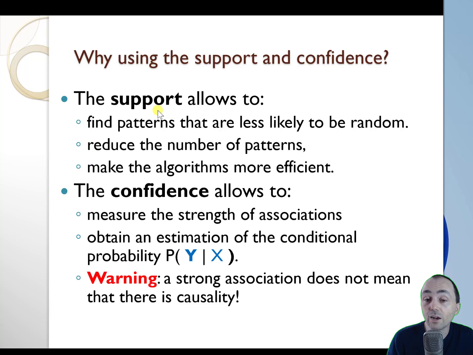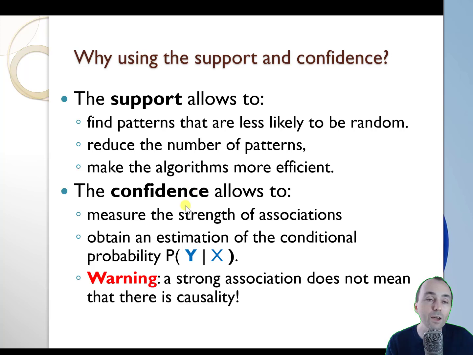So this will help to eliminate some noise or maybe some patterns that are random, that are not really significant in the data. So using the minimum support, we can reduce the number of patterns that we will discover. And also, we can use this to reduce the search and to have some more efficient algorithms.